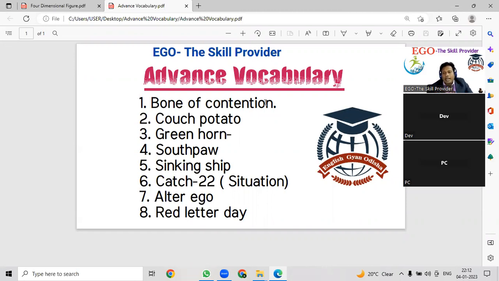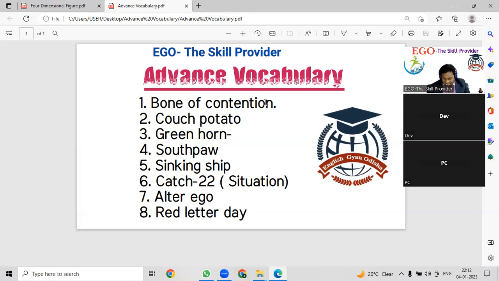Suppose this is my second class, suppose I have been teaching 2 or 3 classes, or for a month, so obviously I can say I'm a greenhorn in teaching spoken English. So basically you talk about a profession, and the person who has come is very new to that profession, that is something called a greenhorn.